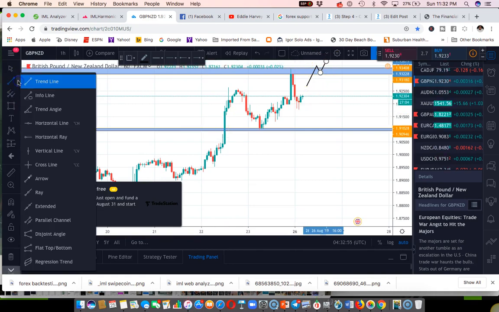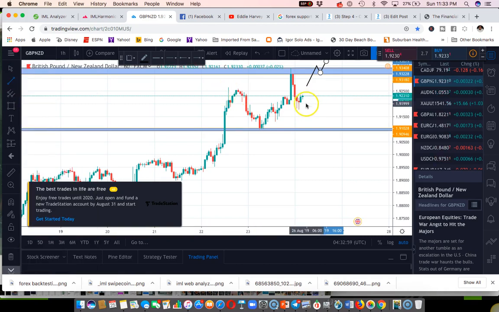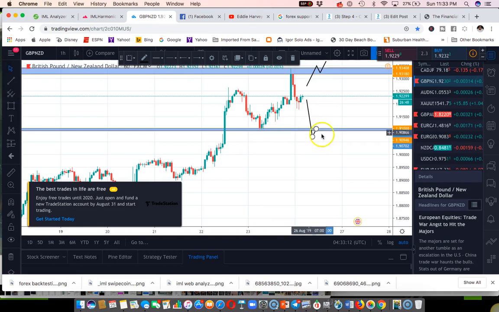Now for a sell, I'm waiting for price to come down and break this level of support. Then I'm waiting for it to retest in this zone. And then I'm waiting for a candle to close under that retest candle.